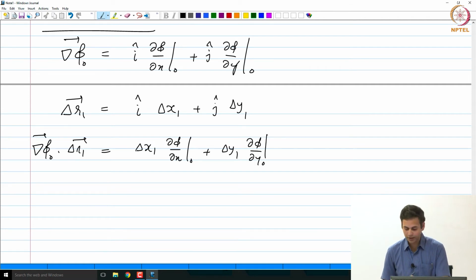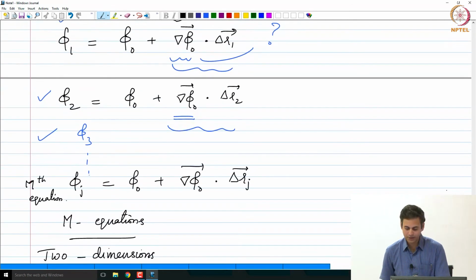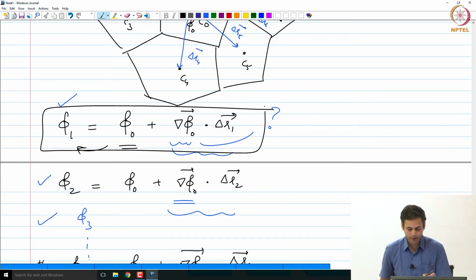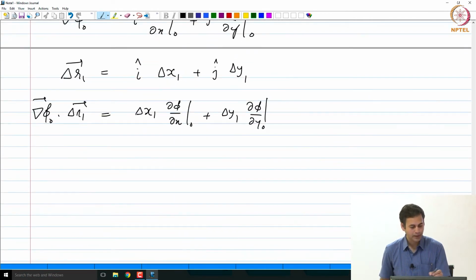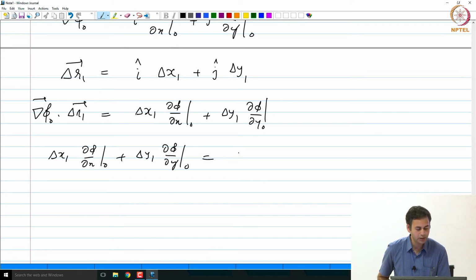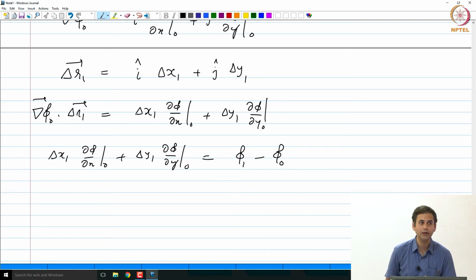That means I can rewrite this equation. If I send phi 1 to the right hand side and phi 0 to the left hand side, I can rewrite this particular equation as delta x1 partial phi partial x0 plus delta y1 partial phi partial y0 equals phi 1 minus phi 0, right.